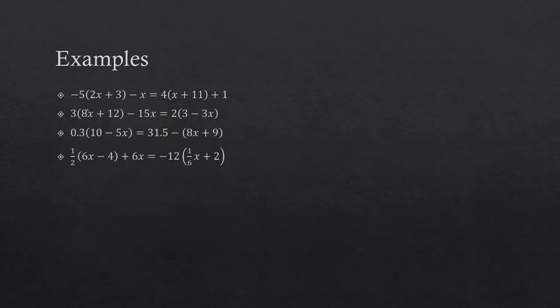In the first example, we have minus 5 between two brackets 2x plus 3, minus x, equal to 4 between two brackets x plus 11, plus 1.